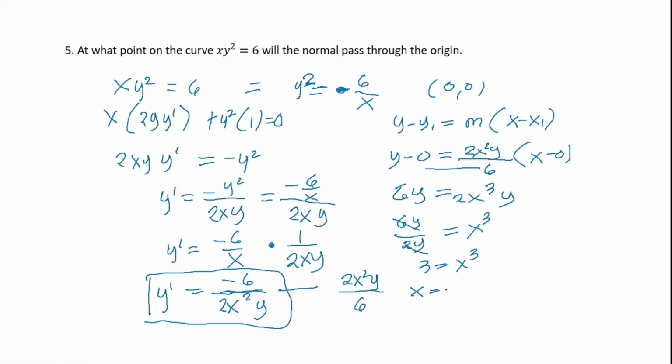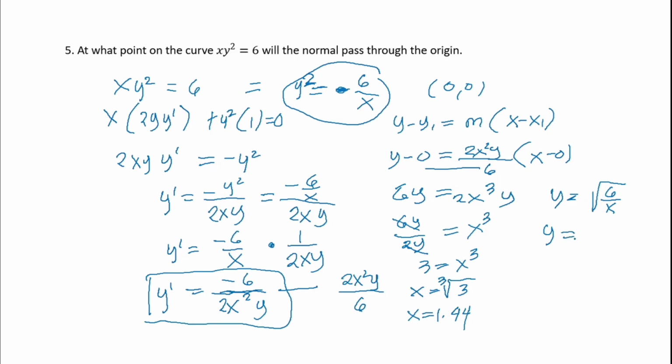So x is equal to the cube root of 3. So the cube root of 3, if we're going to have that one, x could be 1.44. And in order to get the y, by the use of this equation, y is equal to the square root of 6 over x. So y is equal to the square root of 6 over the cube root of 3.